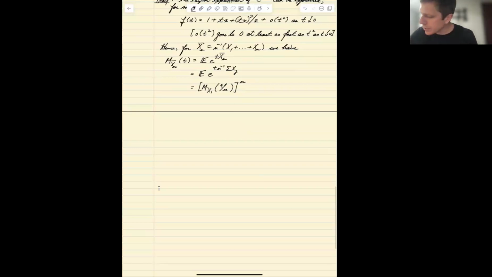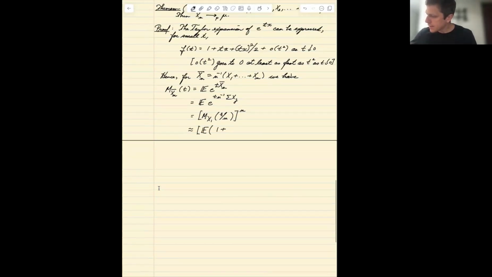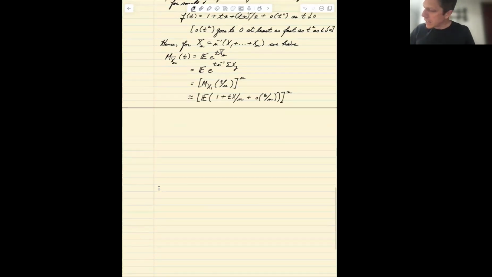Okay, so now what we want to do is use the Taylor expansion. If we use the Taylor expansion, we can see that this can be written as the expectation of 1 plus tX over n plus little o of t over n, all raised to the power n.